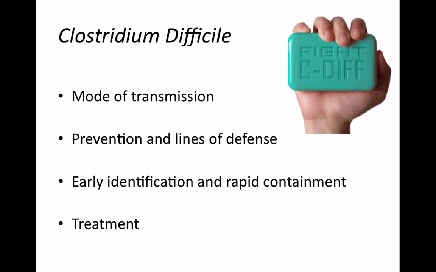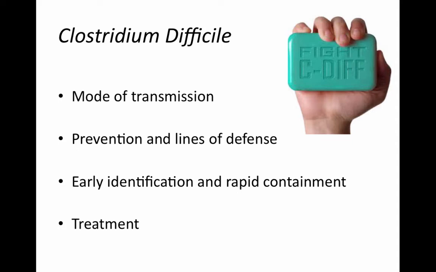When we talk about early identification and rapid containment, we need to be asking questions such as, have you had any recent antibiotic use? Because one can contract C. diff even up to 3 months after they finished a course of antibiotic therapy. We would also need to be asking if any close contacts, relatives, loved ones have C. diff infection.